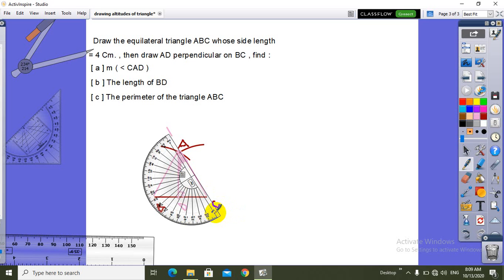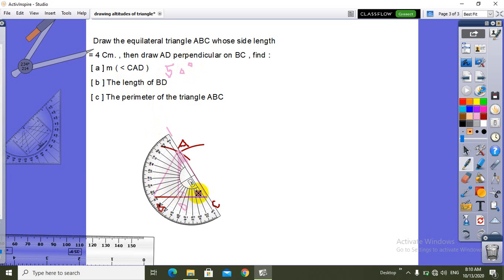Count from 0, this 0, 10, 20, 30, 40, 50. Now this is the distance between these two sides of the angle, 50 degrees. Now this is 50 degrees.